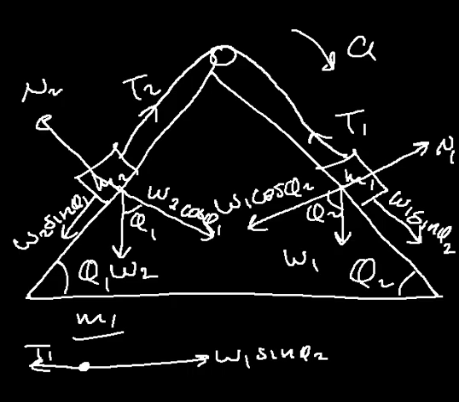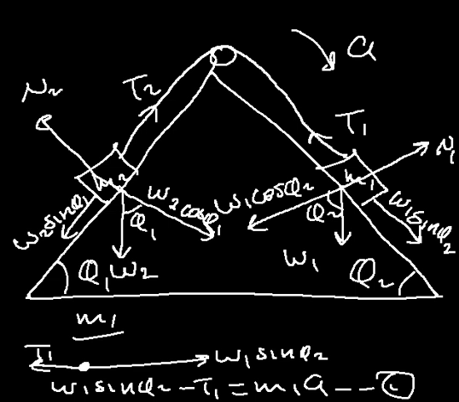Newton's second law of motion gives weight 1 sin theta 2 minus T1 equals mass 1 times acceleration. That is equation 1.